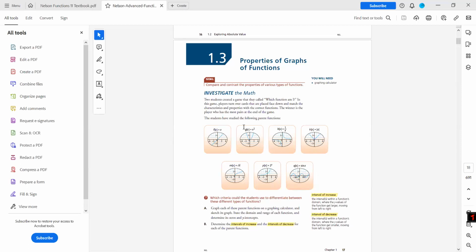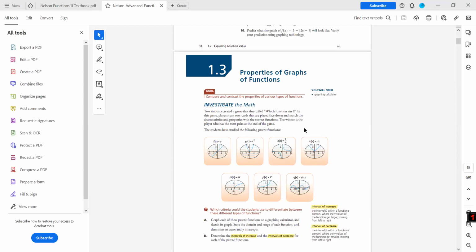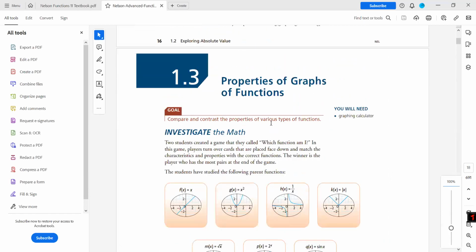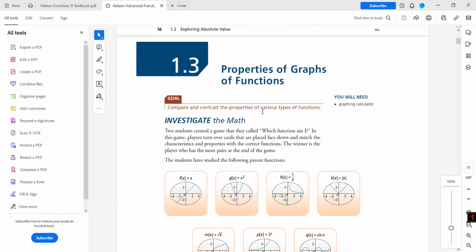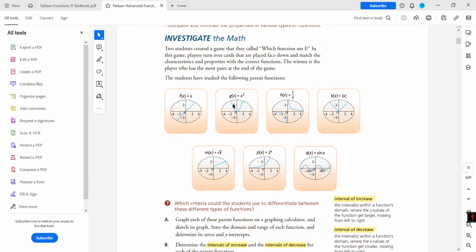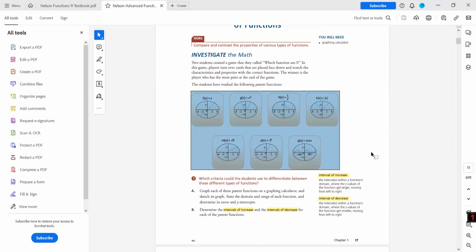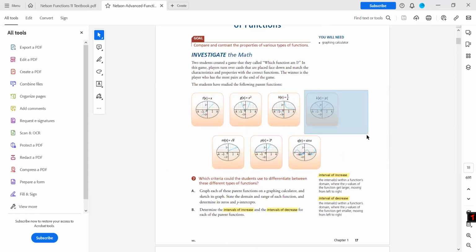So let's take a look at this paragraph. It's page 17, paragraph 1.3. And here we can see a list of trigonometric, exponential, quadratic, module functions. And first and most important criteria for any function is the interval of increase and decrease.